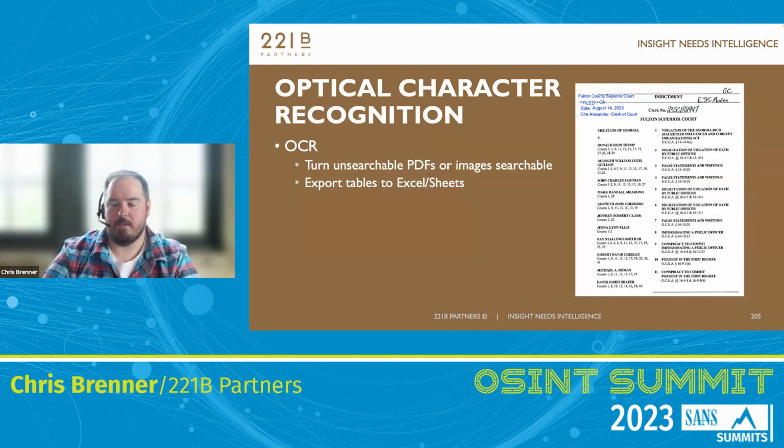Talking about the unstructured side of things, one of the simplest ways to help deal with some of that information, whether it's received from FOIAs or court records or maybe poorly photocopied documents or other image-based PDFs and files, is to run optical character recognition, or OCR. It's such a simple and obvious step.